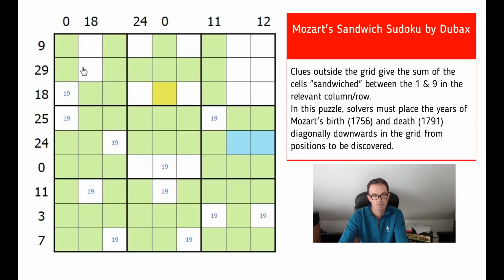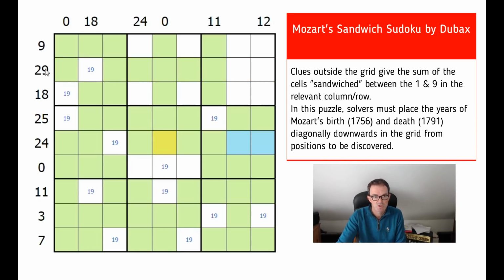Right, this 29, obviously this square is going to have to be a 1 or a 9, otherwise we can't possibly fit the 1s and the 9s into the row. So there must be either 1 outie or 2 outies in 29, because 45, which will be the sum of the whole row, if we add all the numbers from 1 to 9, we get 45. Minus the 1 minus the 9 gives 35.